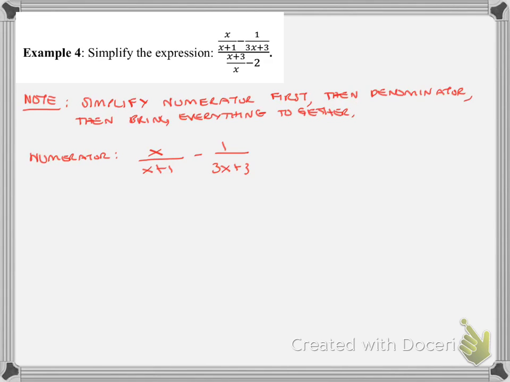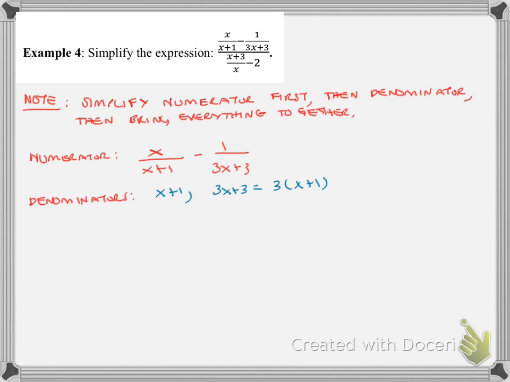So what we need to do is examine the denominators and then find our least common denominator. We see our x plus 1 and 3x plus 3, which we can factor, right? So that's 3 times x plus 1.